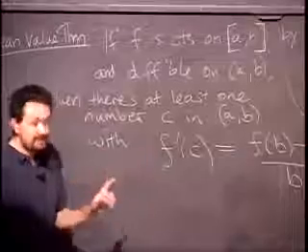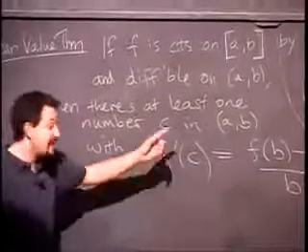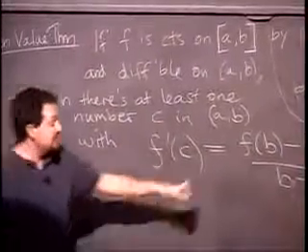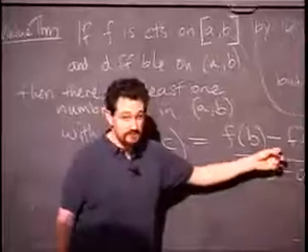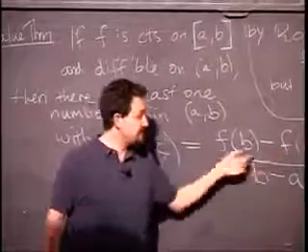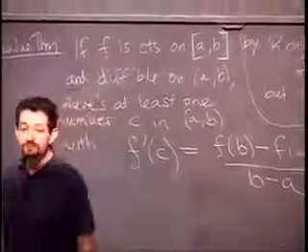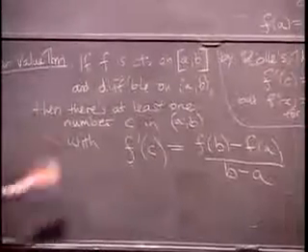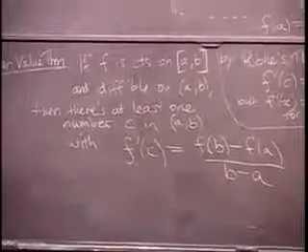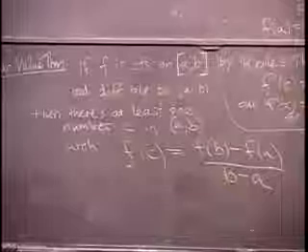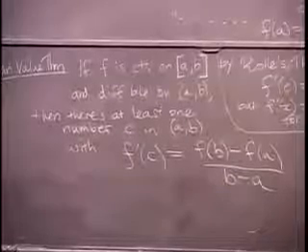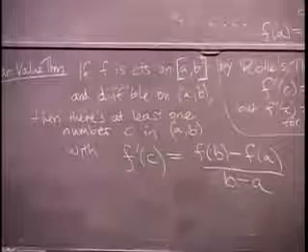Because if f of A equals f of B, then this quantity is 0. If f of A equals f of B, the top cancels out, and you do get 0. So the mean value theorem includes Rolle's theorem. It is a super-duper, souped-up Rolle's theorem.